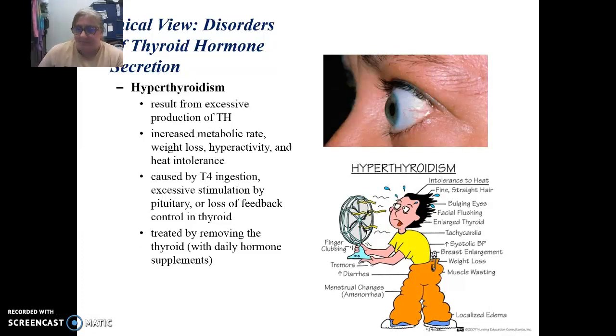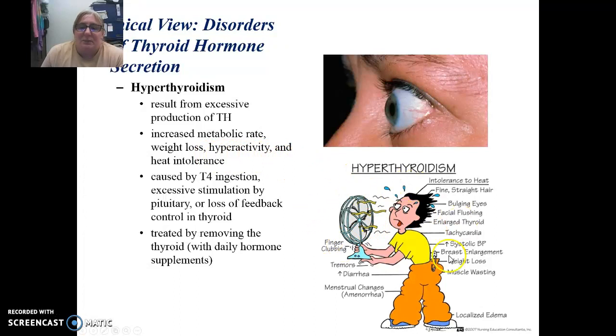Hyperthyroidism is a disorder associated with excessive production of thyroid hormone. It's a cartoon, but it shows true symptoms that you have with hyperthyroidism. So you're increasing your metabolic rate to such an extent that you actually lose weight. You may become hyperactive.